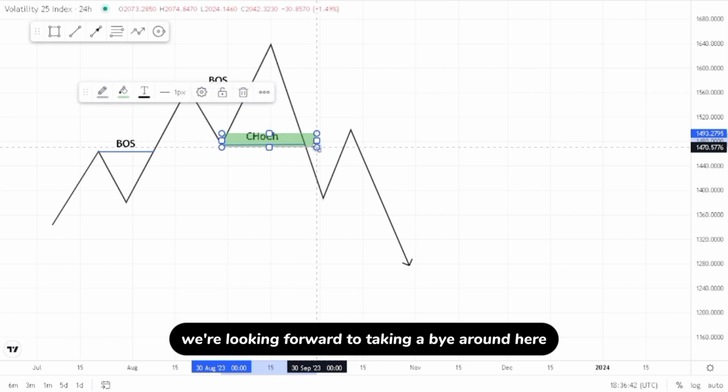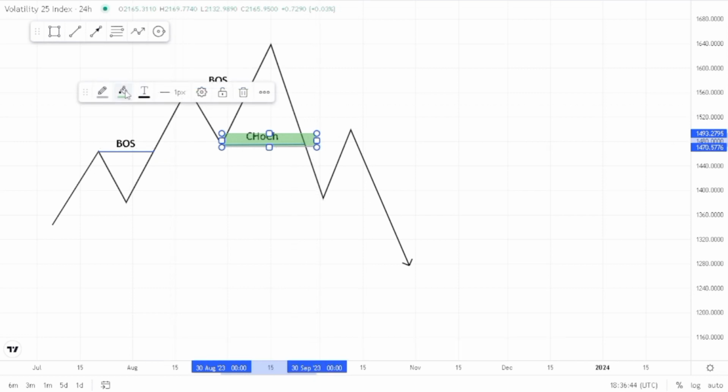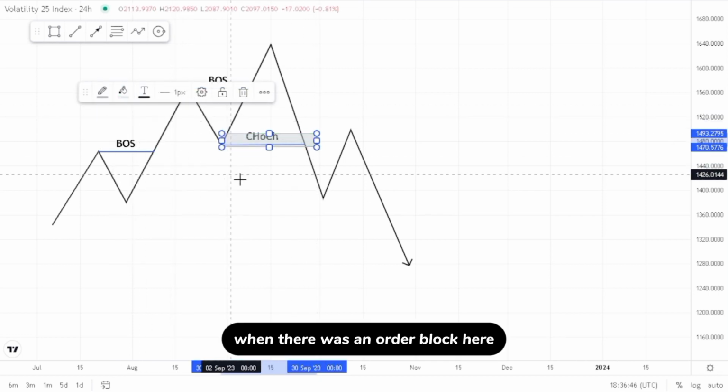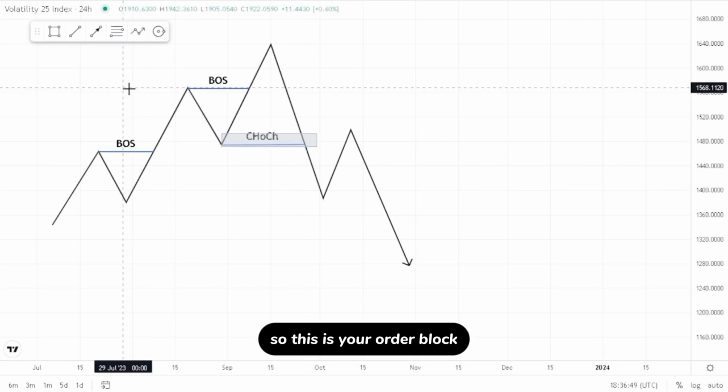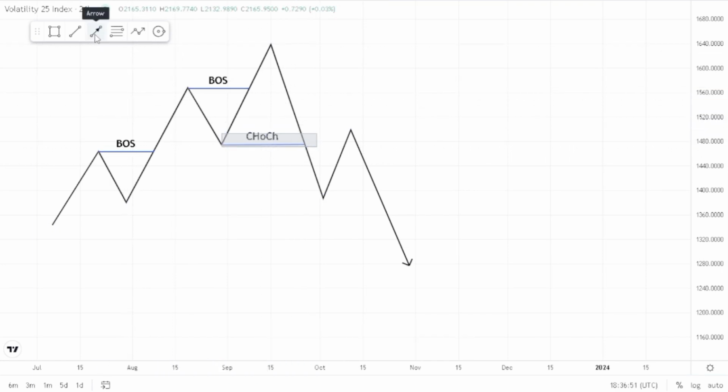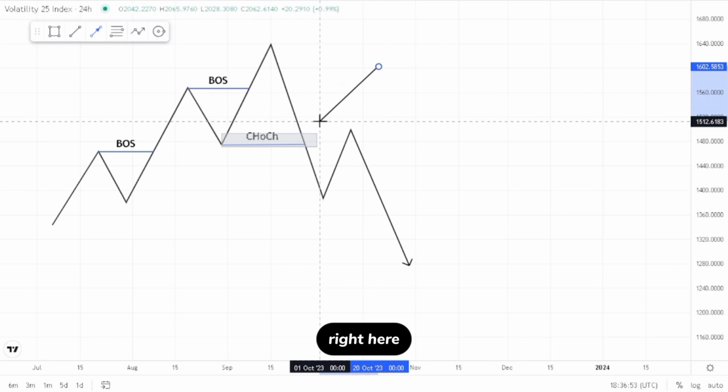around here when there was an order block here. So this is our order block right here.